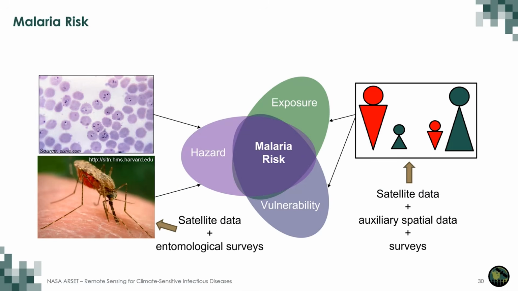So when we're talking about malaria risk mapping and conceptualizing the whole framework, we're looking at using satellite data very effectively to monitor the vector component of the hazard, and that will include a combination of satellite observations and entomological surveys. We can use remote sensing data as well with auxiliary spatial data and surveys to estimate the exposure and vulnerability components.